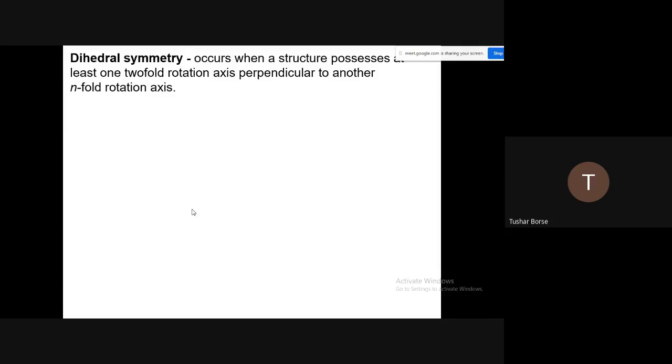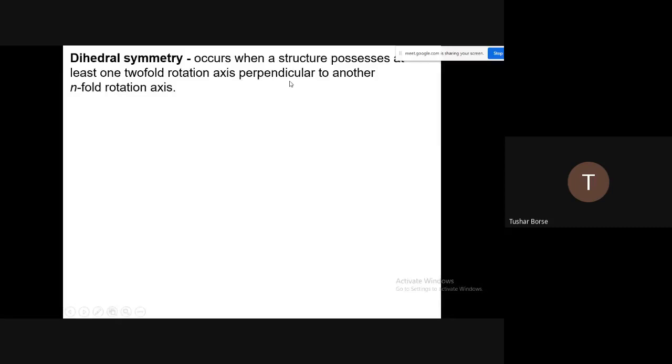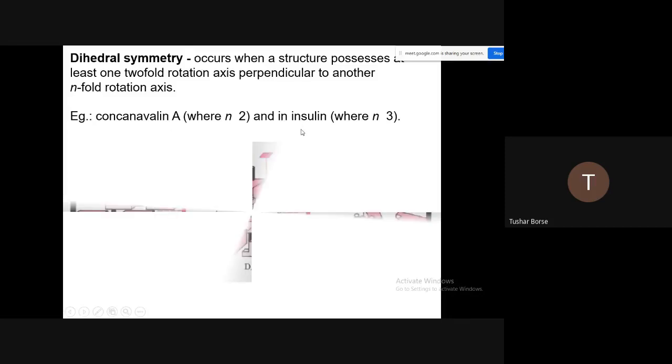This dihedral symmetry is an additional symmetry which could be obtained along with the n-fold rotation axis, which is perpendicular to another n-fold rotation axis. I'll show you the diagram so you'll be able to understand. Examples could be concanavalin A and insulin.